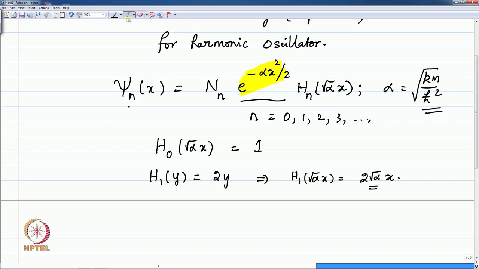Therefore, the properties of the harmonic oscillator are reflected in the wave function, which builds them through the exponential as well as through the Hermite polynomial.